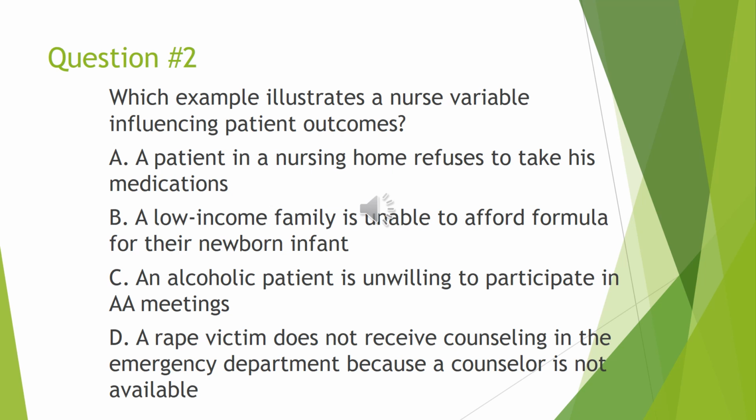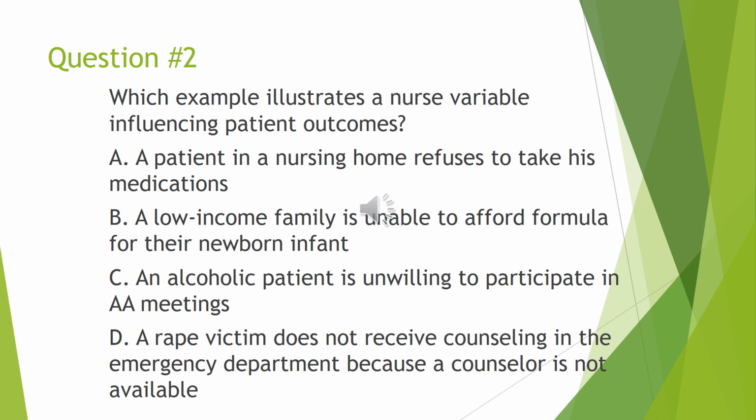So in our lecture, we talked about nurse variables and the influence on the care plan. So they include resources, and in this example, D is a resource problem. We don't have the proper staffing. Current standards of care, right, or their scope of practice.